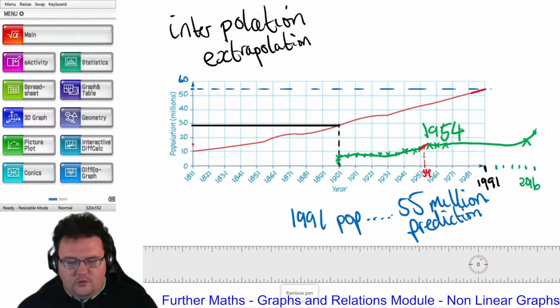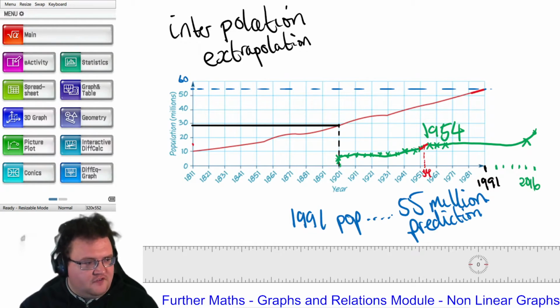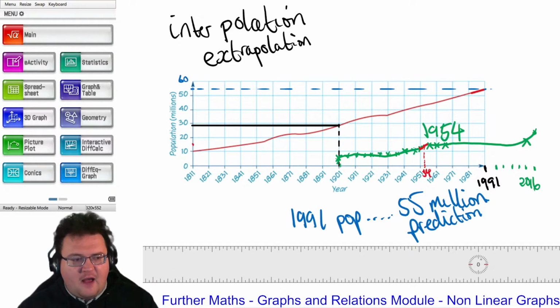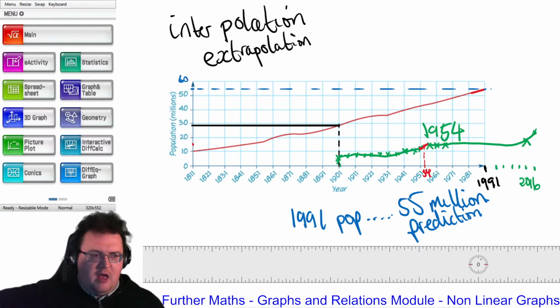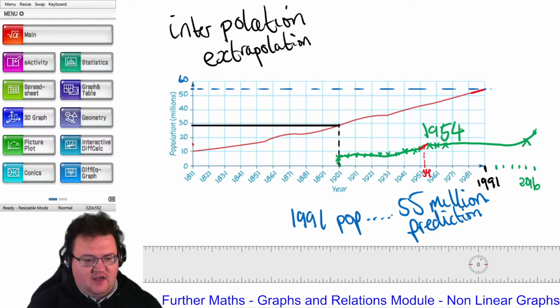So even though I'm not using literal live accurate data, this prediction for 1954 is a better prediction than the 2016 to 2021 one, because I have the data points on both sides. Alright, so if I'm predicting between data points, that is far more accurate than me predicting between a data point and a future value or a past value.